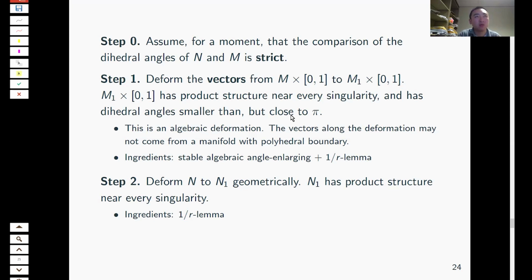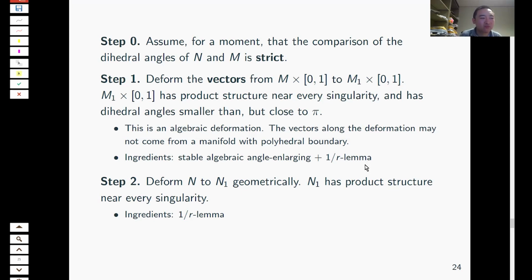All right. So during this step, we need the stable algebraic angle enlarging, and to guarantee the index is constant, we need the 1 over r lemma. Now, after the first step, you keep in mind that angles of M are already very, very large. So whatever you do on N, it will not affect the comparison of dihedral angles.